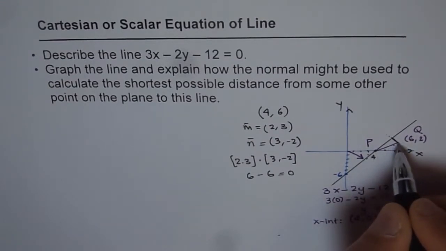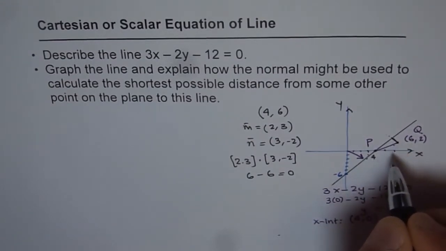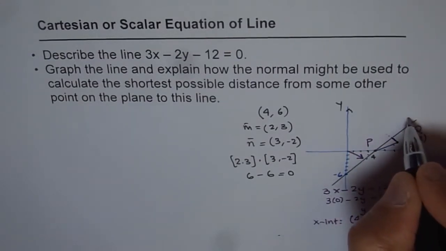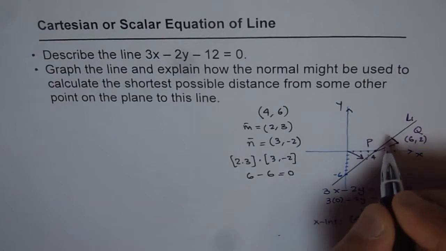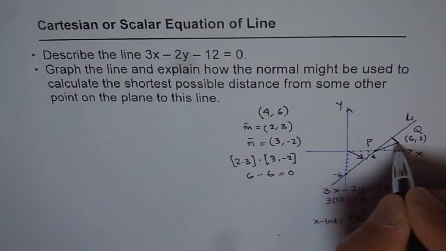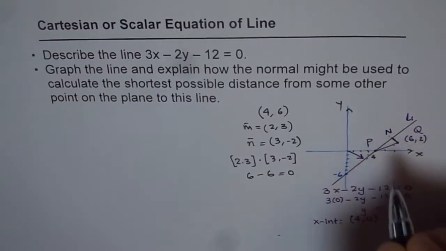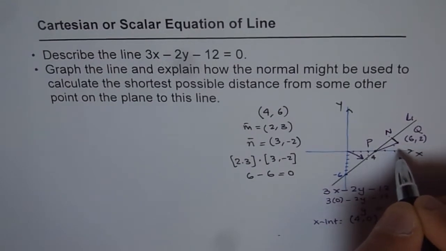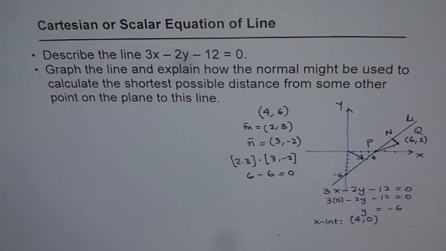Then, as you can see, the shortest distance between Q and the line, let's say the line is L1, is actually the projection of PQ on the normal. Do you see that? So Qn, the projection of PQ along the normal, is the shortest distance. I should say the scalar projection.